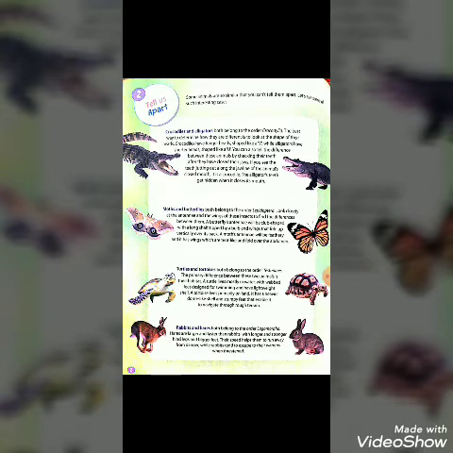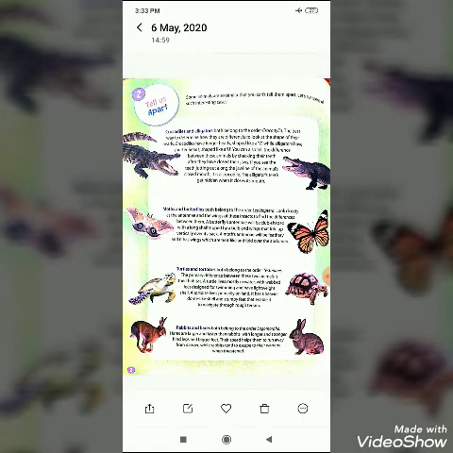Now we are going to study about moths and butterflies. Moths and butterflies both belong to the order Lepidoptera. Look closely at the antenna and the wings of these insects to find differences between them.